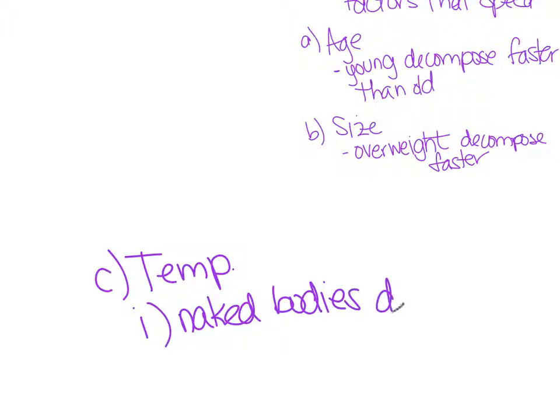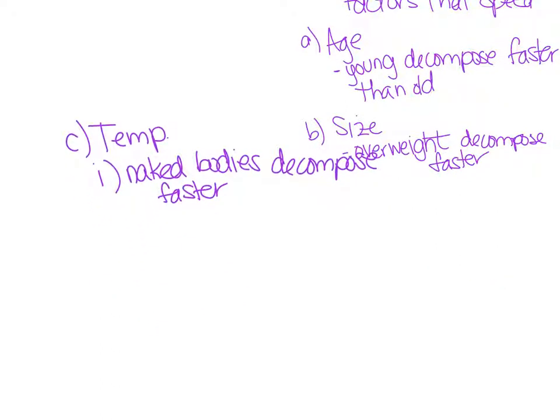Naked bodies decompose faster. But if someone had something like a really heavy coat on, wouldn't bacteria get up in there underneath it? Well, it's not so much that. It's bugs and things like that that come and feed on it.